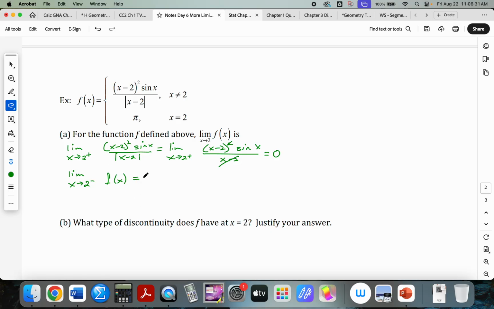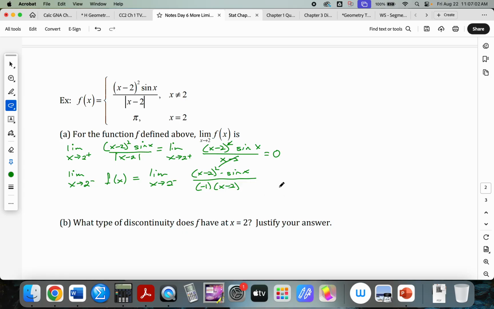So I'm going to say that this is equal to the limit as x approaches 2 from the left of x minus 2 squared times sine of x over negative 1 times x minus 2. It doesn't end up mattering, does it?